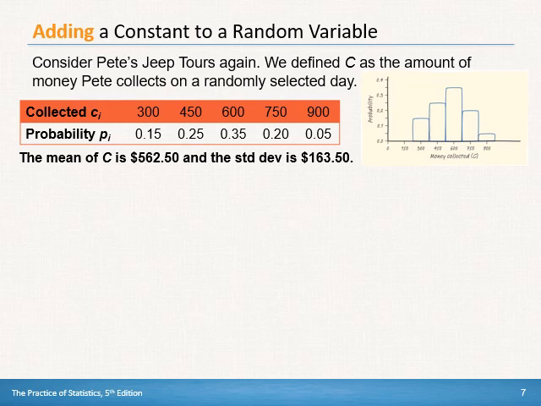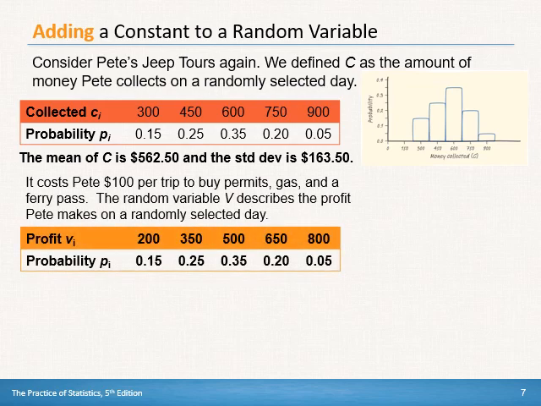We're going to think about how much it costs Pete to run his tours. It costs him $100, regardless of how many people are in his Jeep. He's got to pay for gas, permits, a ferry pass or whatever, so he's got a fixed cost per trip of $100. So we want to subtract $100 from the random variable C to find our random variable V, the profit that he makes.